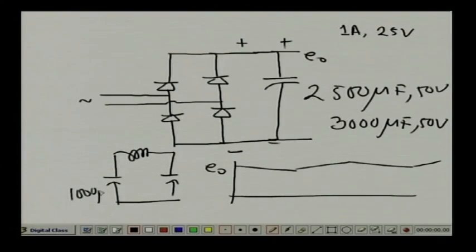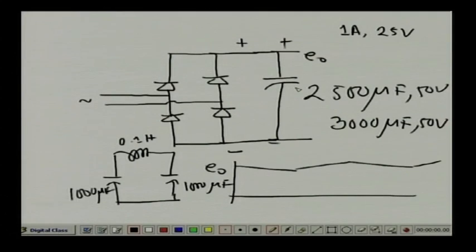So, in this case, suppose if you use a 1000 microfarad capacitor, okay, then we should have a, suppose this is a 0.1 Henry or like this one. So, this will give you a very good result, but this is not used, you use a very high value of capacitance, 2500 microfarad or 3000 microfarad.